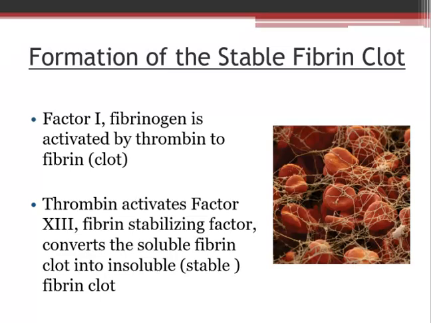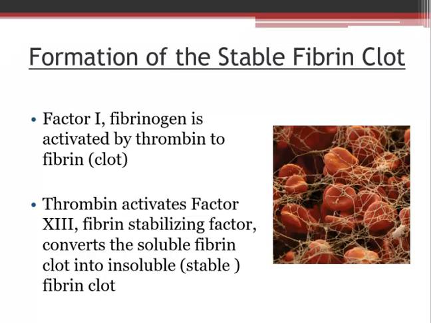Towards the end of our coagulation cascade, we have the very important step of the formation of the stable fibrin clot. So factor 1, fibrinogen, is activated by thrombin to fibrin, and again that's helping form that clot.